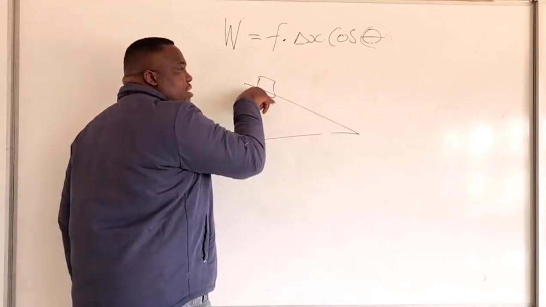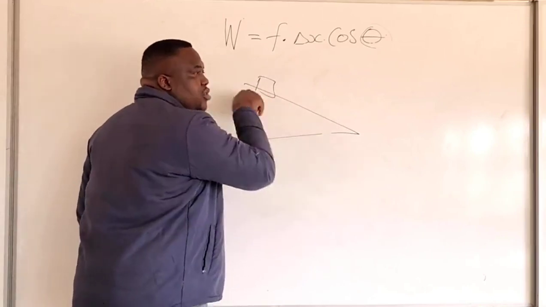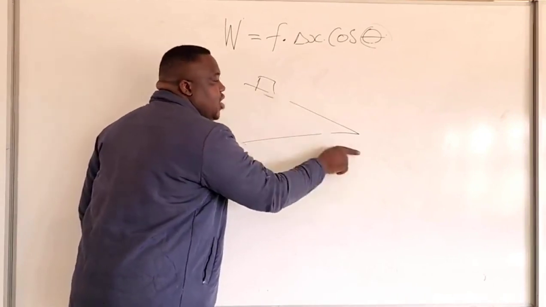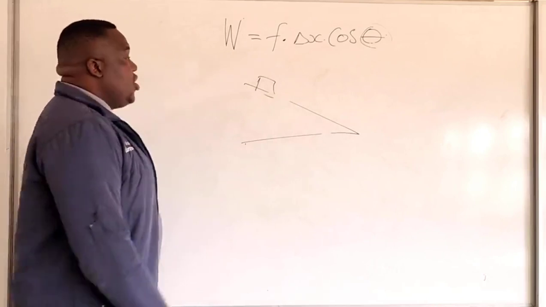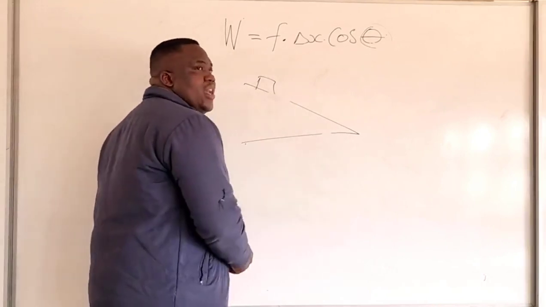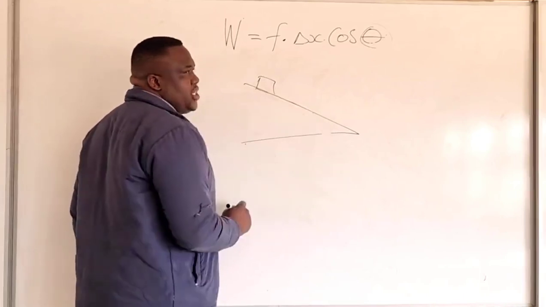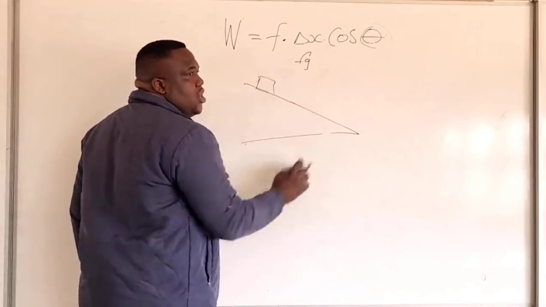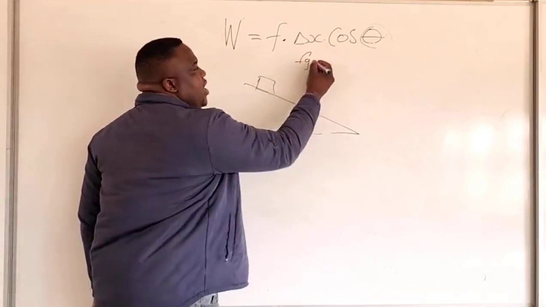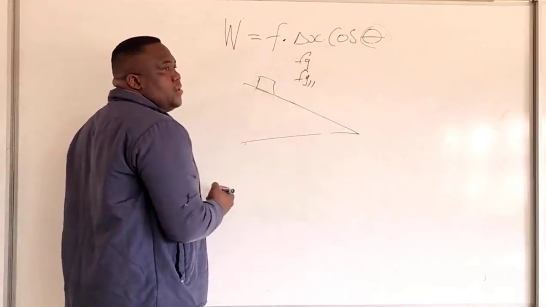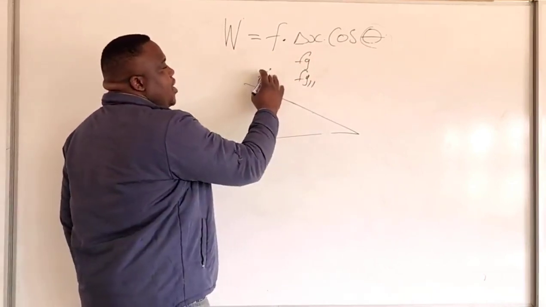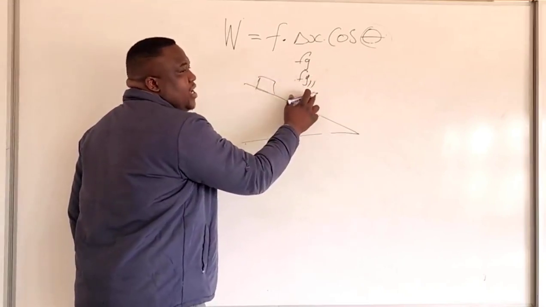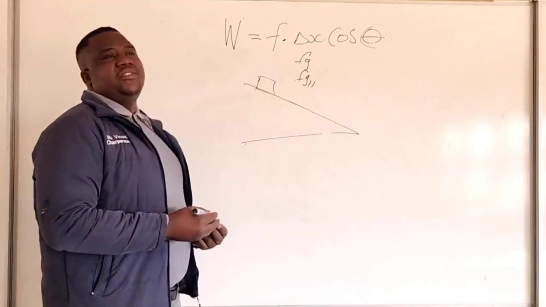Remember I said Fg parallel is the one which pushes an object to move. So whenever we say gravitational force in this situation, when the car and box move down, we will not be talking about Fg itself, but about Fg parallel. When an object moves down and up the incline, we're talking about Fg parallel. We'll be calculating Fg parallel, but we call it Fg silently.